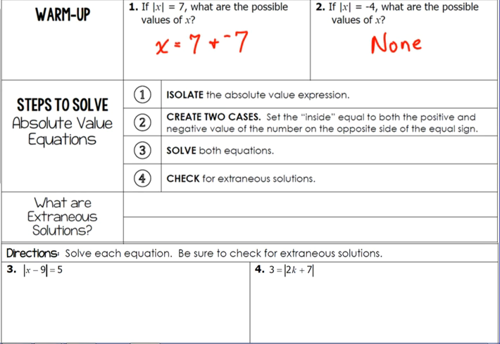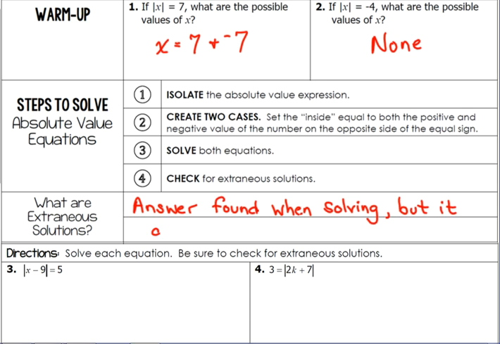Now, we've got a little space here to write down what is an extraneous solution. It is an answer you get when you solve, an answer found when solving, but it doesn't check out.